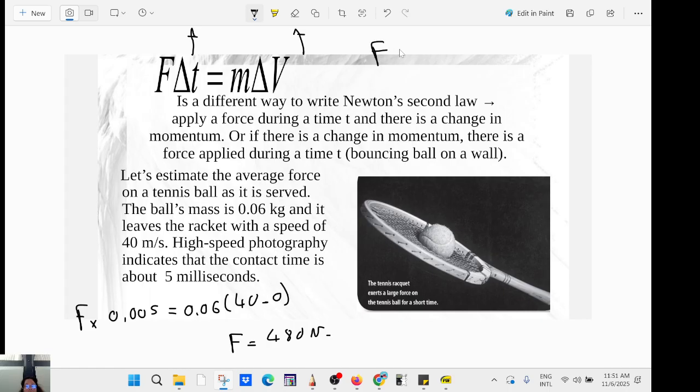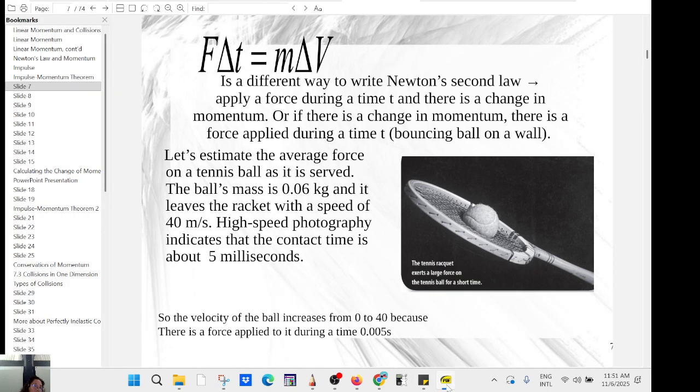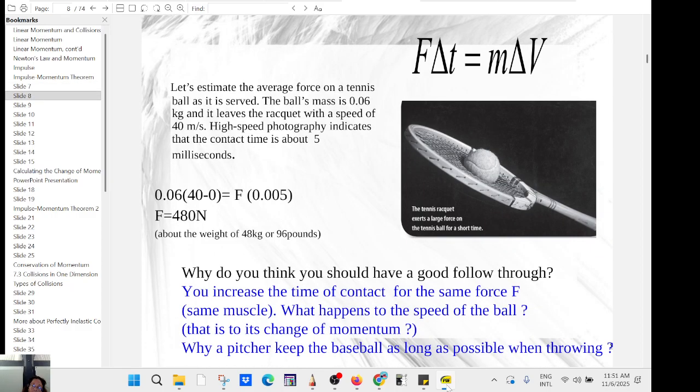You can say the force equals m delta v, the change of the momentum, over the time. So if the time is small, the force will be huge. There is something called a jab in boxing. You know, boxing here. It has to be very quick, quicker, more force, right? It's not like the cross. The cross is more power. So anyway, 480 Newton.